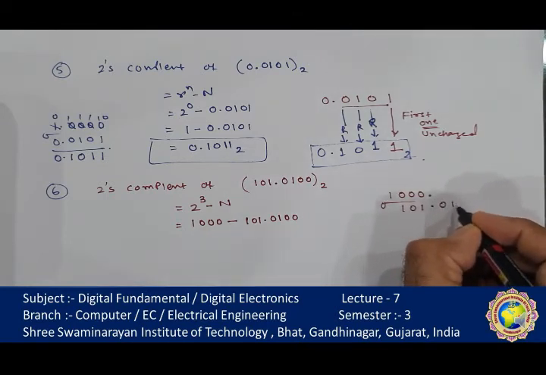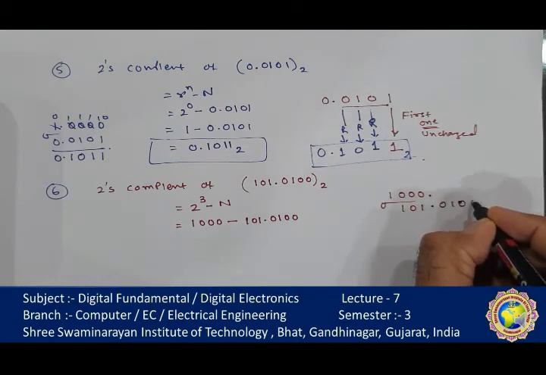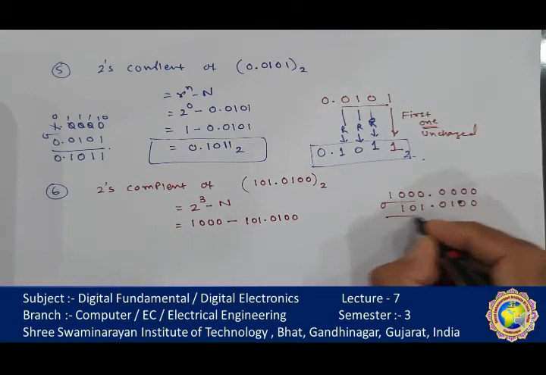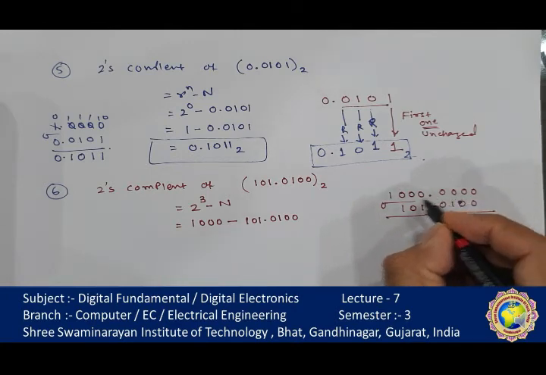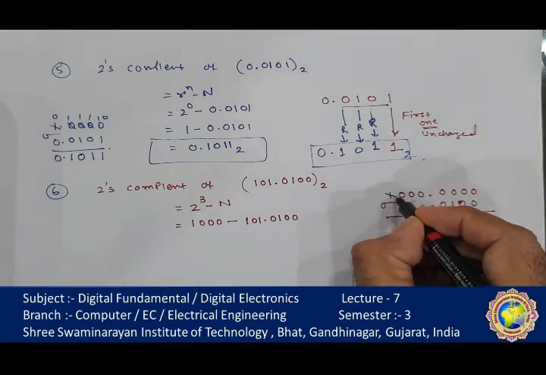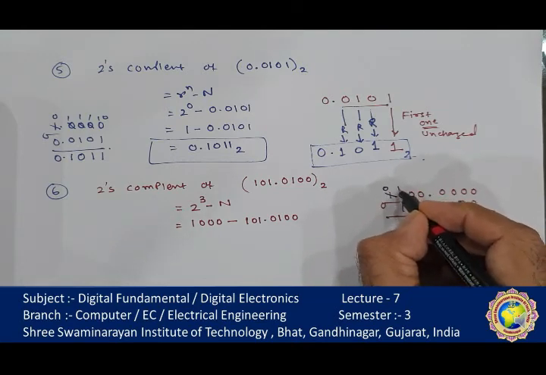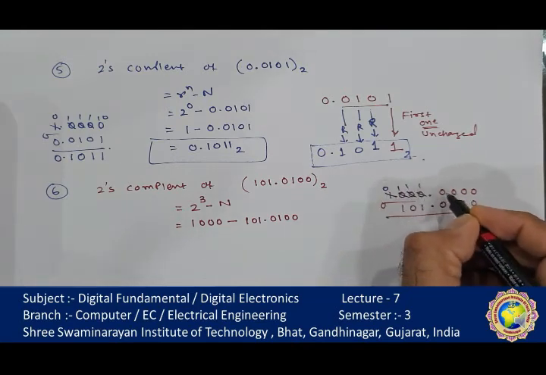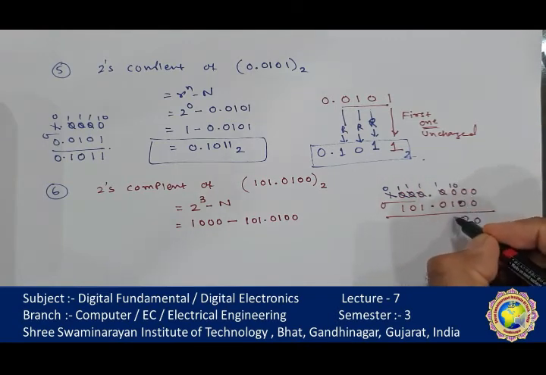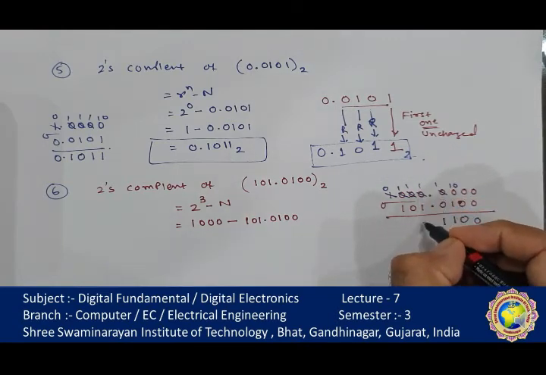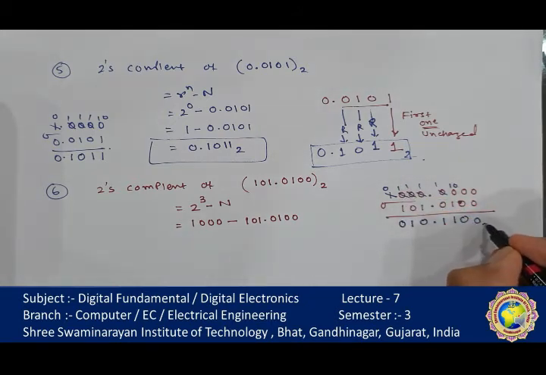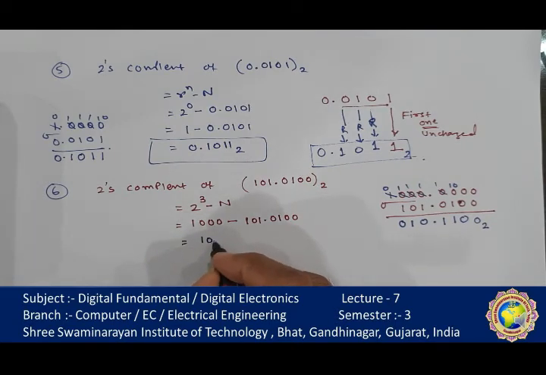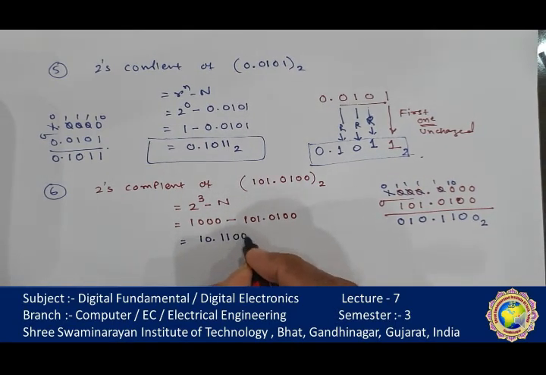Here there is no meaning of the extra zeros, but still we will take them. So 0 minus 0, 0. 0 minus 0, 0. Here we have to take the borrow from the first bit, and our difference is 1 minus 0, 1, 1 minus 1, 0, 1 minus 0, 1, 1 minus 1, 0. So the answer is 010.1100 in binary.